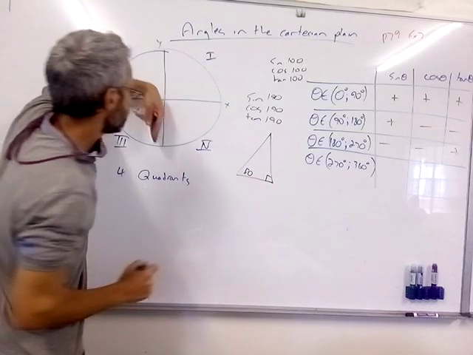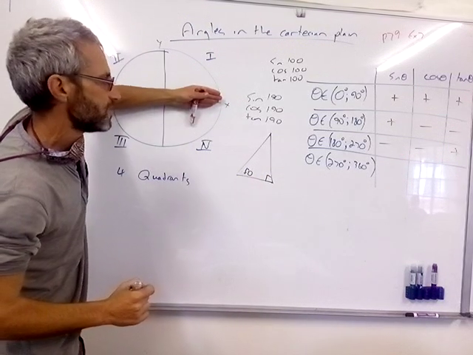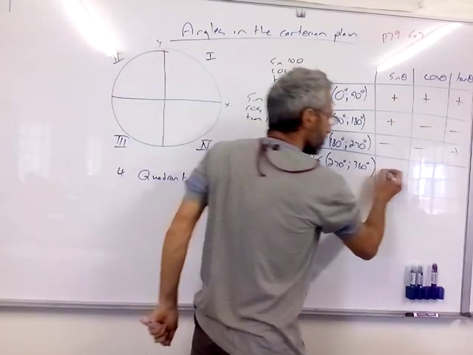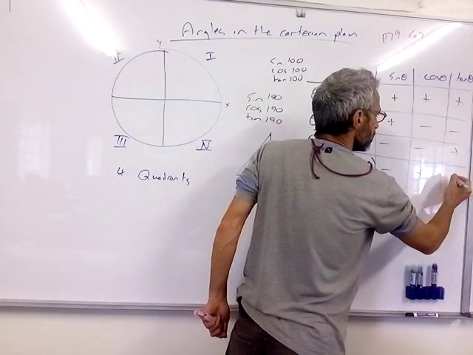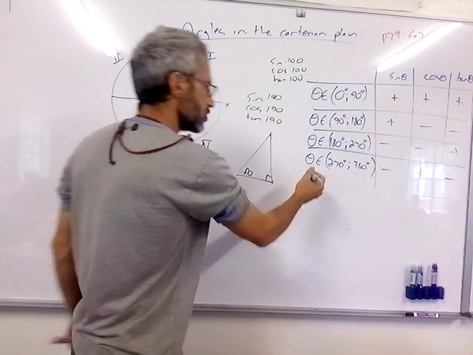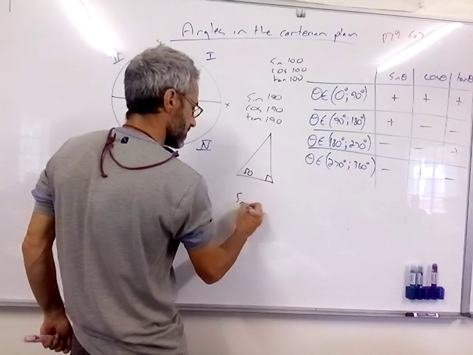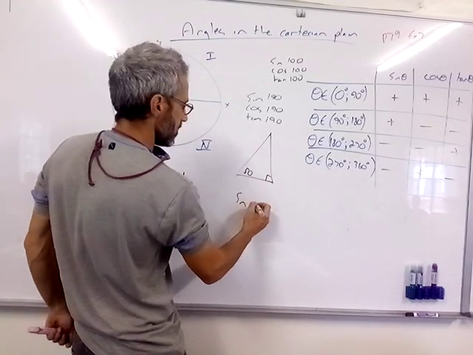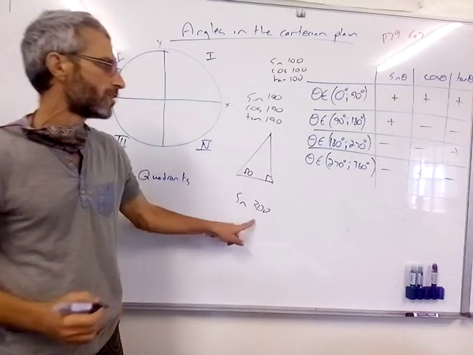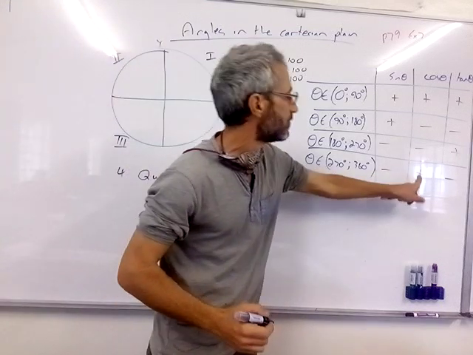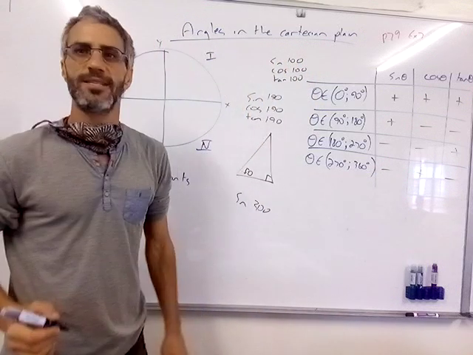Then moving on from 270 to 360, the sine will be negative, the cosine will be positive, and the tan will be negative again. You can try sine 300, cosine 300, tan 300. You'll see the sine is negative, cosine positive, and tan negative.